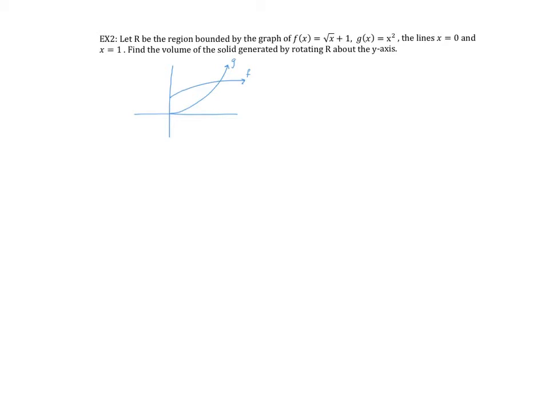Okay, these guys are going to intersect when x is equal to, I have no idea. And I don't really care, because this is also bounded by lines x is equal to 0, right? Which is just our y-axis, and x equal to 1.